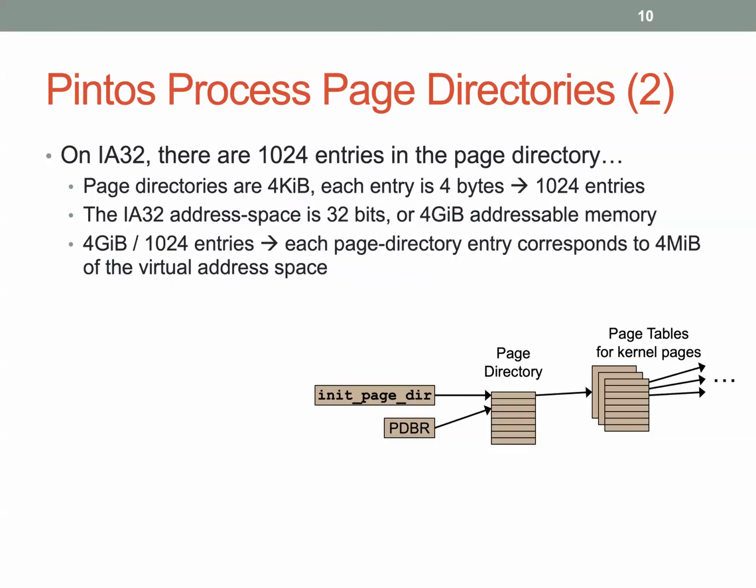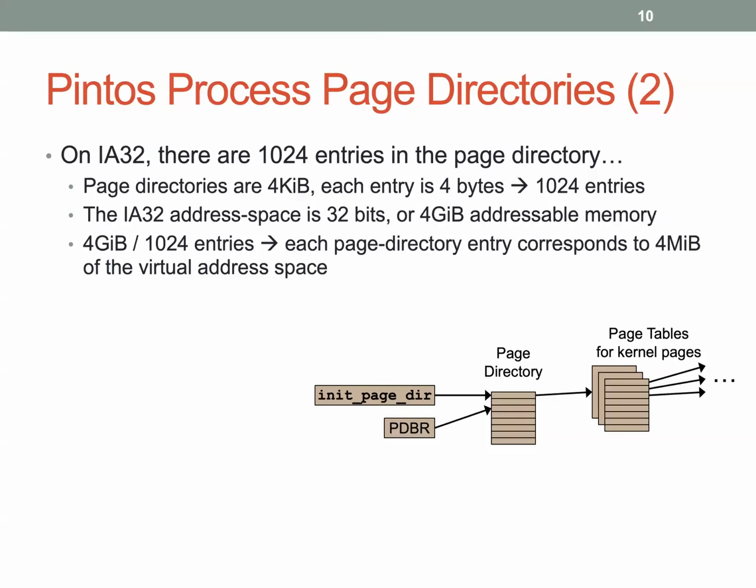Entries are 4 bytes, which means 4 kilobytes divided by 4 gives you 1,024 entries. Now you have 4 gigs of addressable memory. So in your page directory, you've got 1,024 entries. Each entry corresponds to 4 megabytes of the address space. So you have a page directory entry that points to a page table, and that page table describes 4 megabytes of the virtual address space.